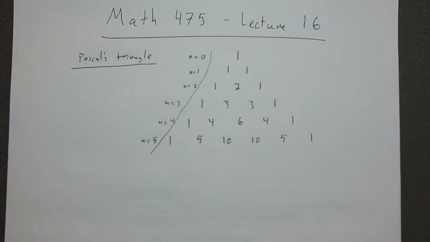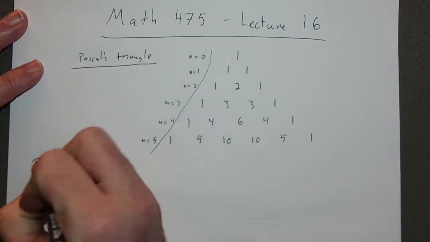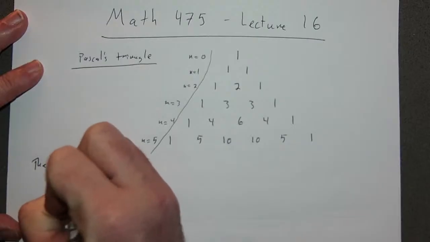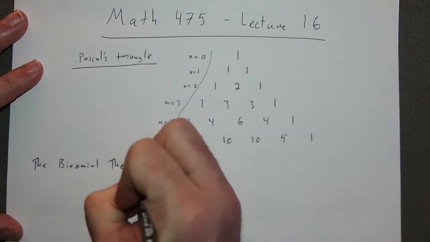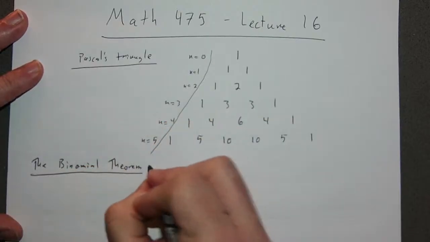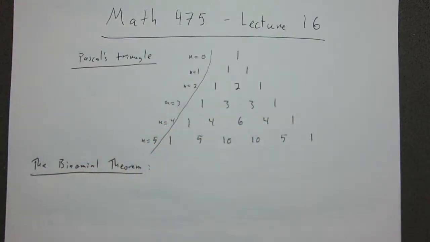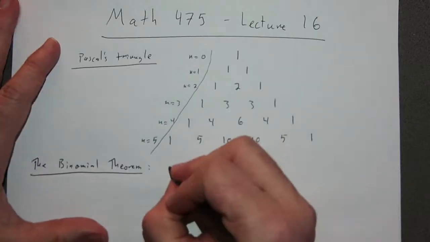Of course, this is also touching on one of the original places these things actually showed up. They show up combinatorially naturally from this problem, and it's the reason they're called the binomial coefficients. It is because of the binomial theorem. So what does the binomial theorem state?